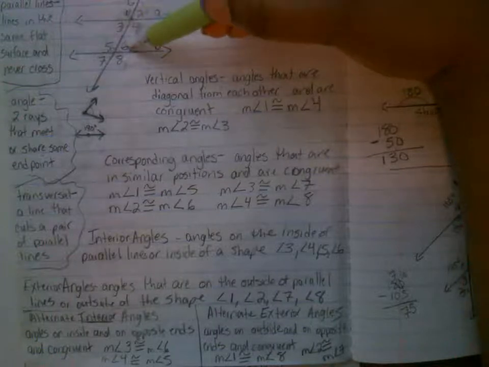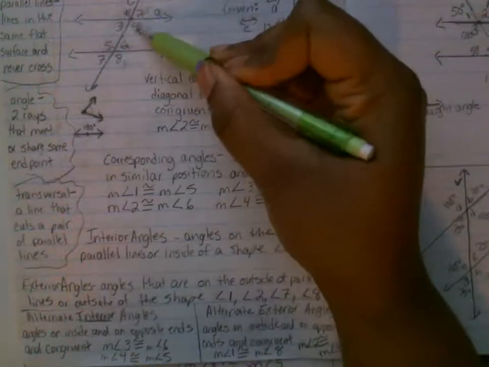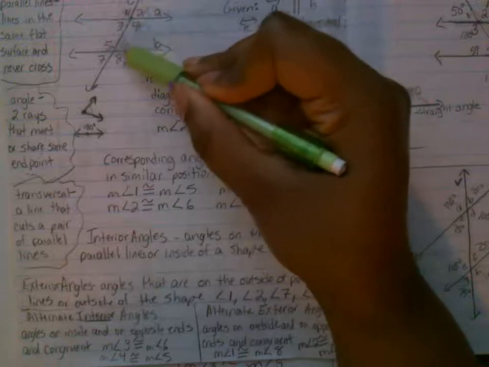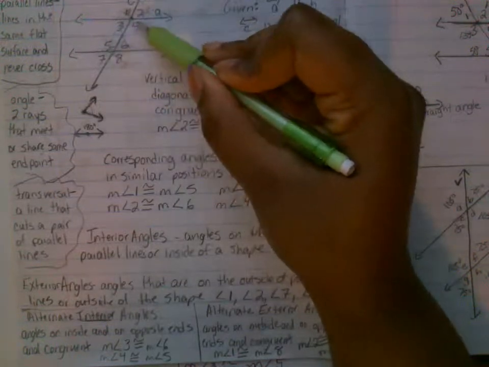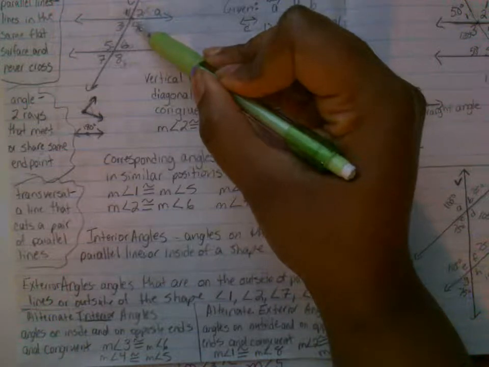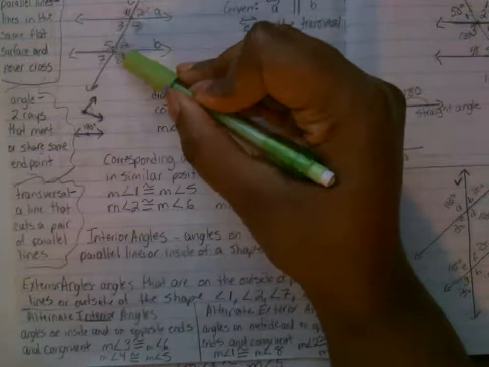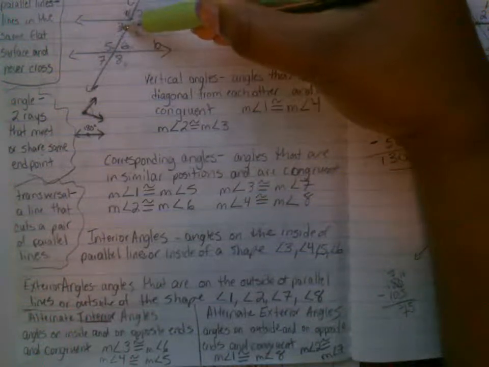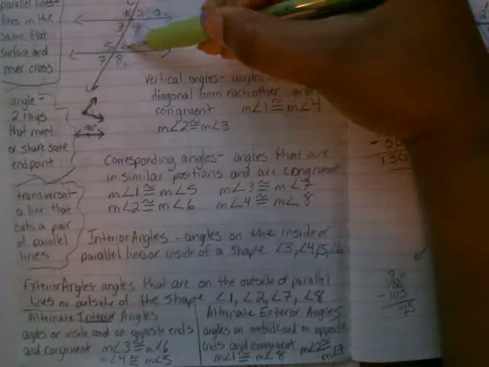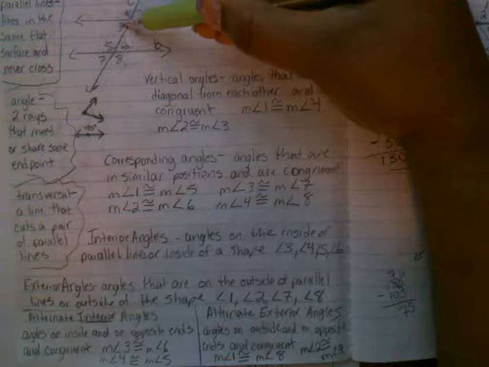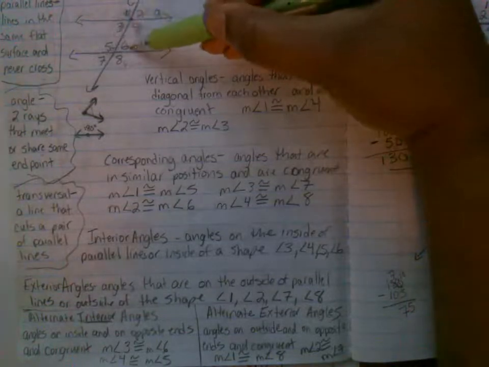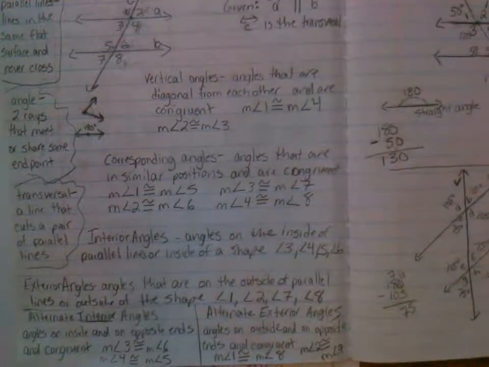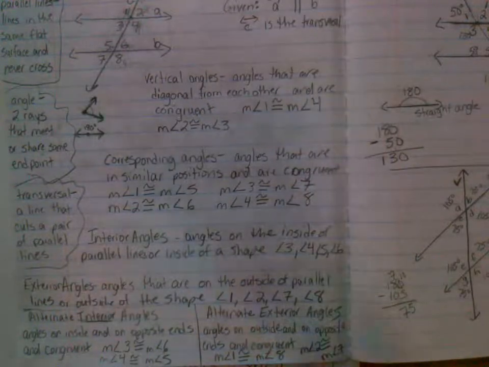Same here. These are on opposite ends and they're interior, so they're alternate interior angles. That means whatever the measurement of angle 4 is, so is the measurement of angle 5. Whatever the measurement of angle 3 is, so is the measurement of angle 6. So if 3 is 55 degrees, then 6 is 55 degrees. Any questions about alternate interior angles?